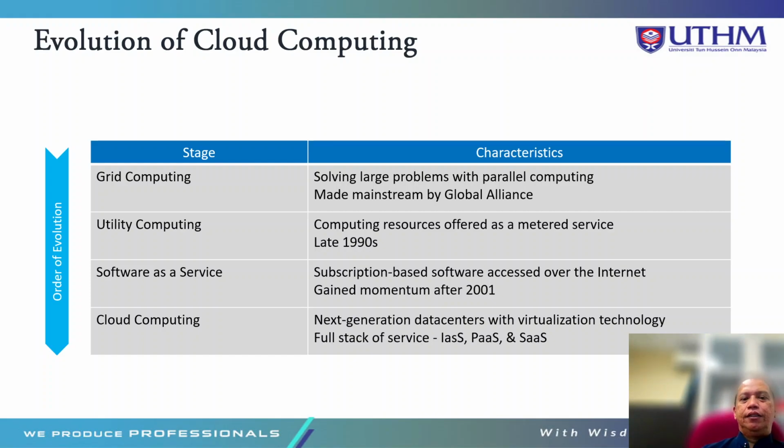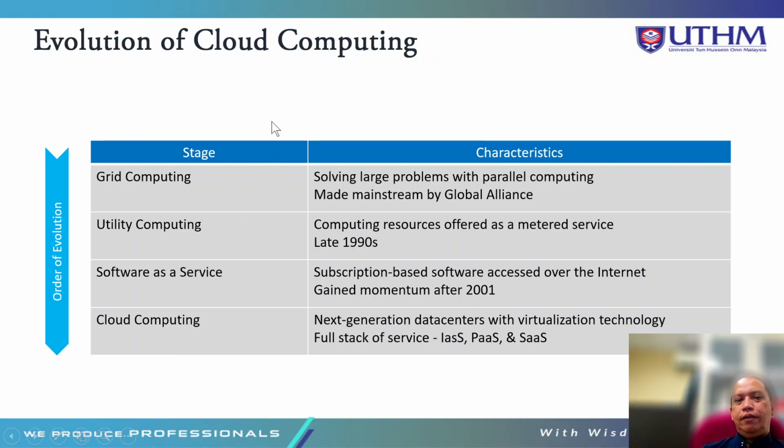So the next generation data centers with virtualization technology, with a full stack of services, we have these components of infrastructure as a service, PaaS and SaaS. So that is cloud computing.